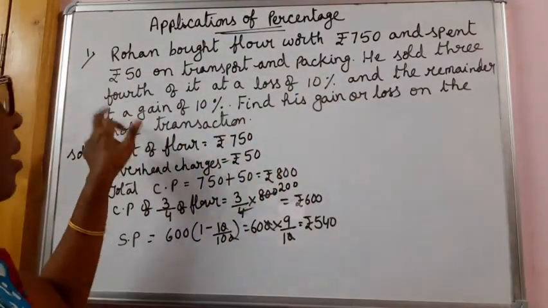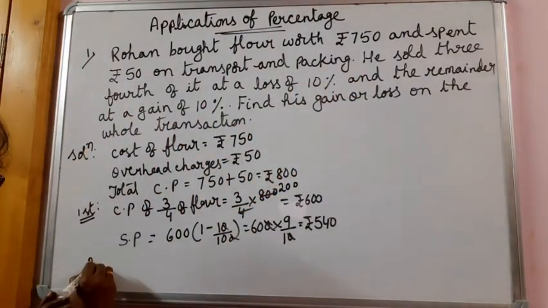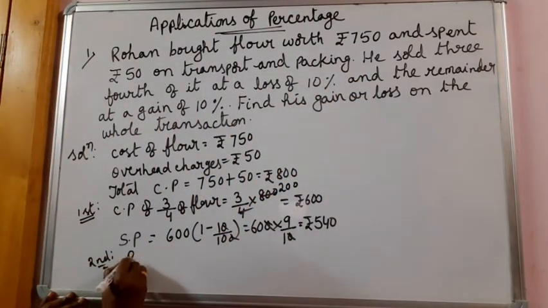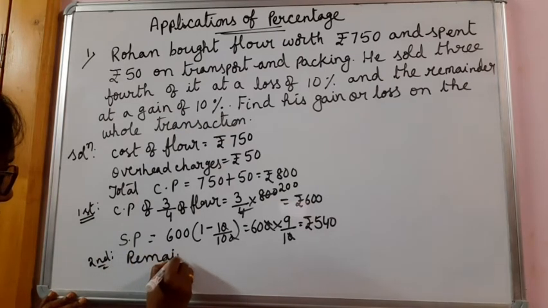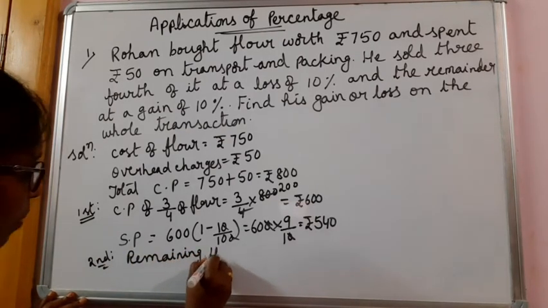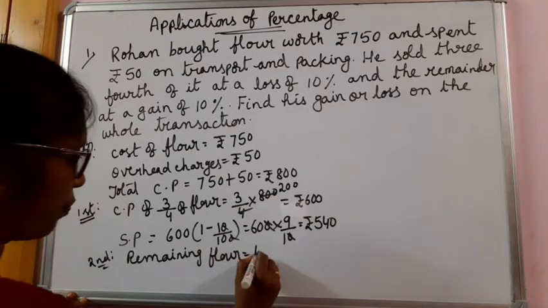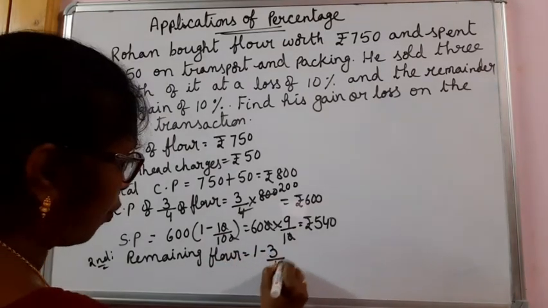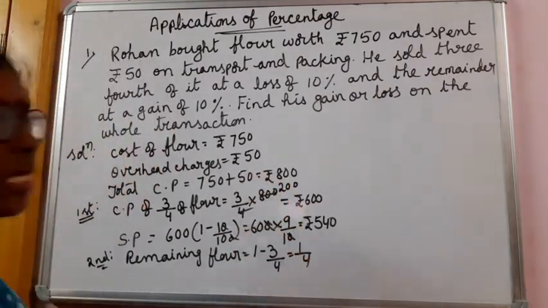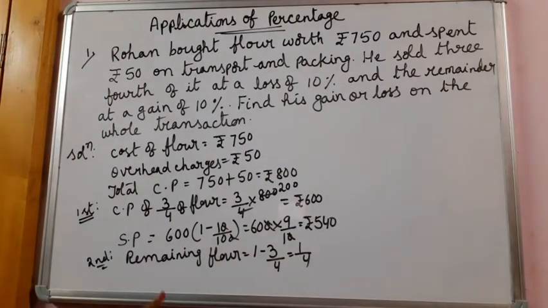And the remainder, that is the second case, the remaining flour. Out of one part, 3/4 is sold, remaining is 1/4 part.